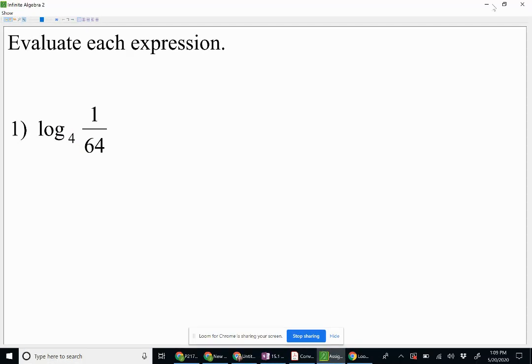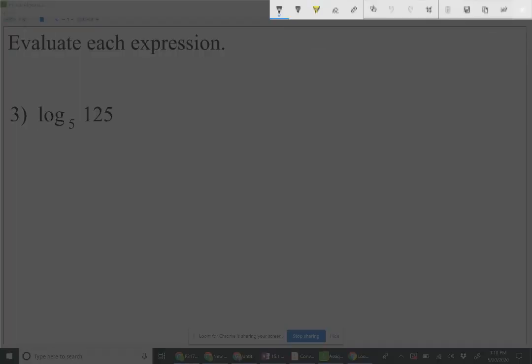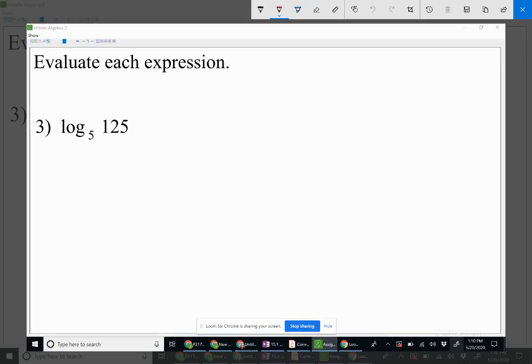Let's do number 3. Well, this is a nice, easy one. Okay, 5 to what power is 125?